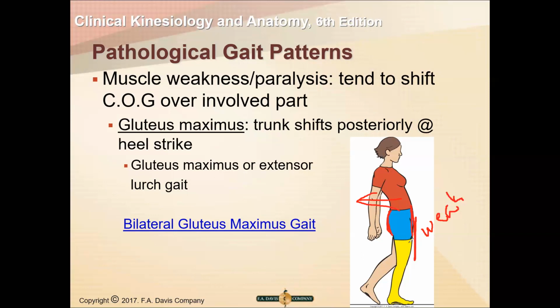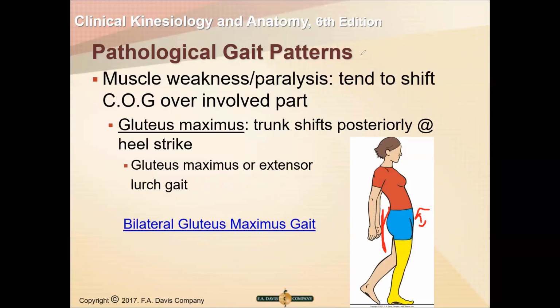So if one side is weak, the other side will take over for it, and that'll force you into the glute max. Or the other thing is, the glutes could be tight. Now, could it be both? Absolutely. It could be a combination of both, and it'll eventually develop into a combination of both. So that means we're going to come back here and stretch out their butt, and we're going to strengthen the quads for this gait. Does that make sense?